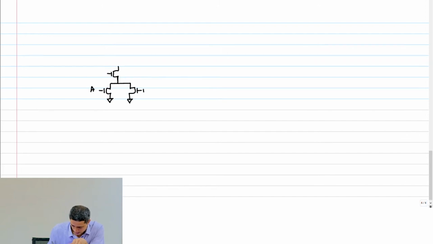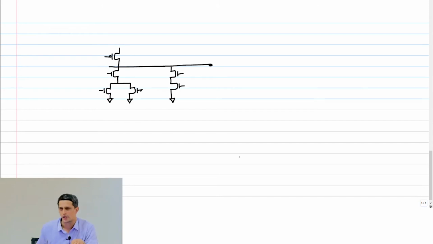This is A. We'll come to that. By virtue of the mirroring property, I'm going to simply mirror the NMOS network and I will get exactly the same stack on top. Otherwise, you will see that the PMOS stack is going to go up by one and it will make your logical effort very bad.